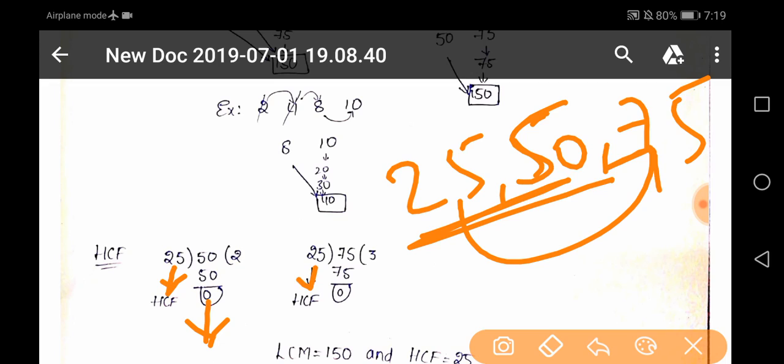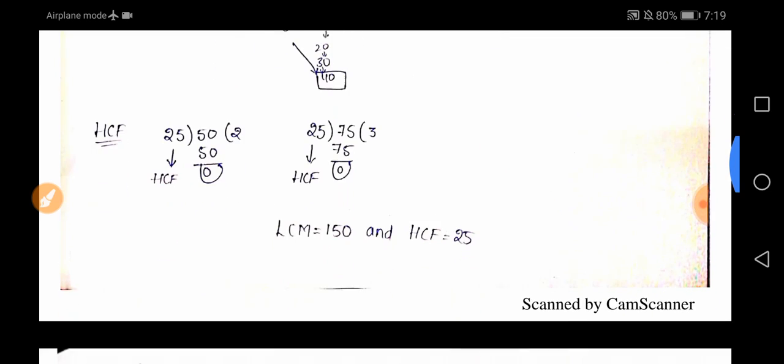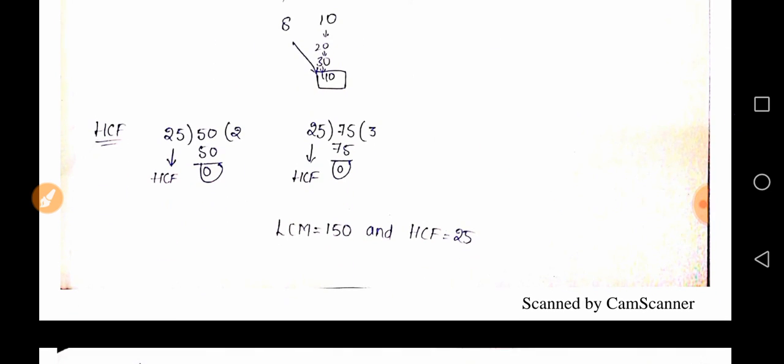So now you can consider 25 as the permanent HCF. If it is not getting cancelled by 75, then 25 is not the HCF. You have to be clear with it. So for this one the LCM is 150 and the HCF is 25.